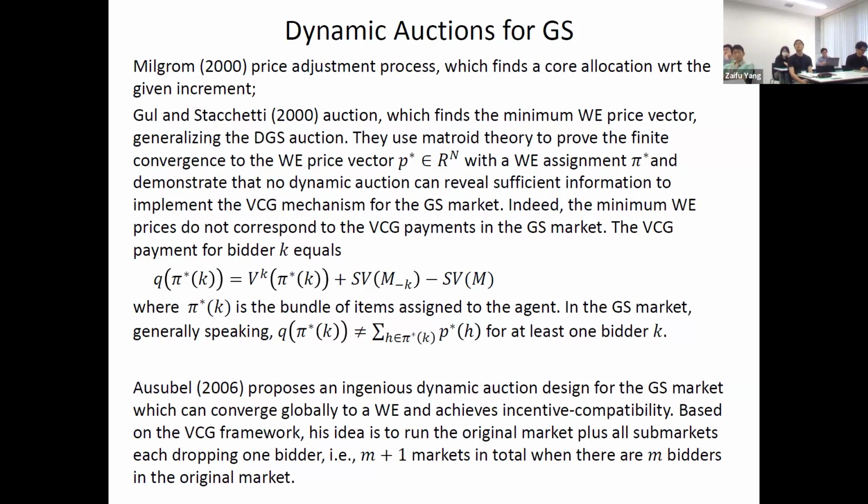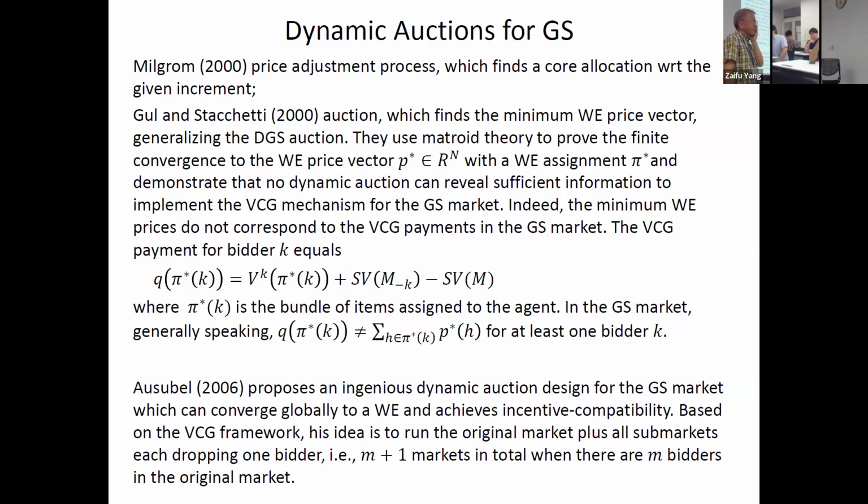As a matter of fact, this is not surprising, because here the minimum Walrasian price vector does not correspond to the VCG payment in the general GS market. You can easily construct an example for a slightly more general GS market where the minimum price vectors do not correspond to it.